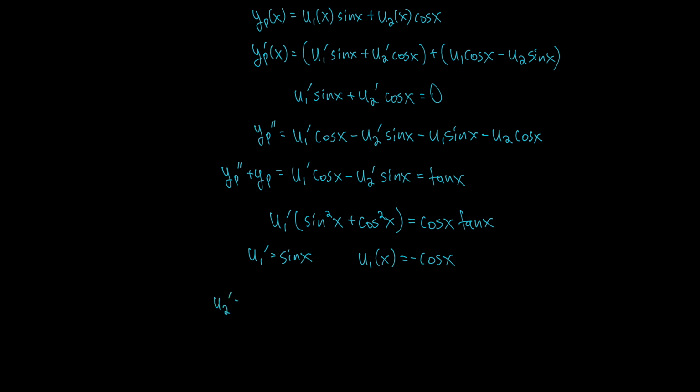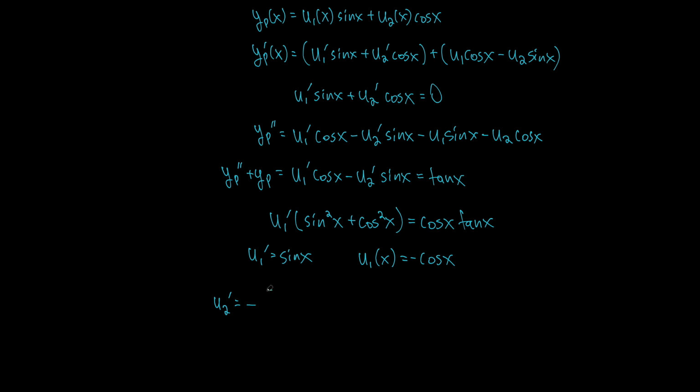So plugging this in now, we can figure out what u2 prime is. So notice that if we look in our equation over here, we can see that subtract this thing, and we get that u2 prime is minus u1 prime sine x divided by cosine x, solving for u2 prime.